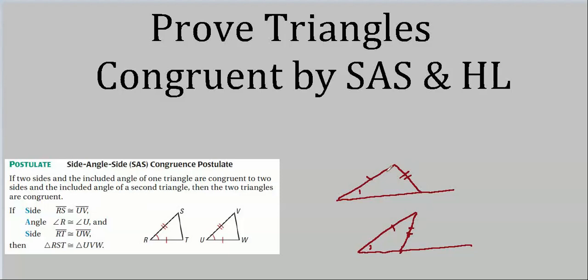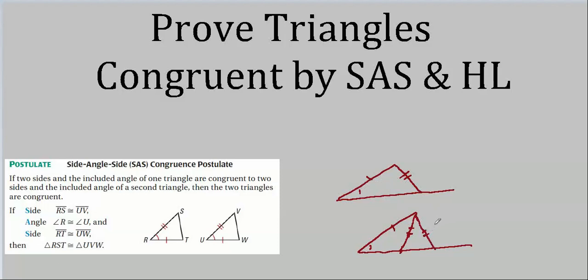So, if you have two sides and some outside angle that are congruent, you could say there's a 50-50 chance that the two triangles are congruent, because with this angle and these two sides congruent, it could look like this, or it could look like this. Either one would work.